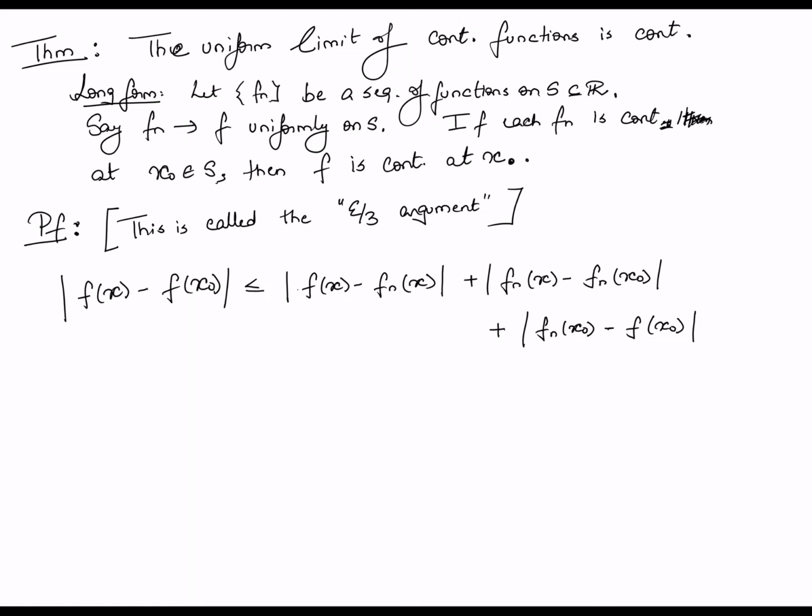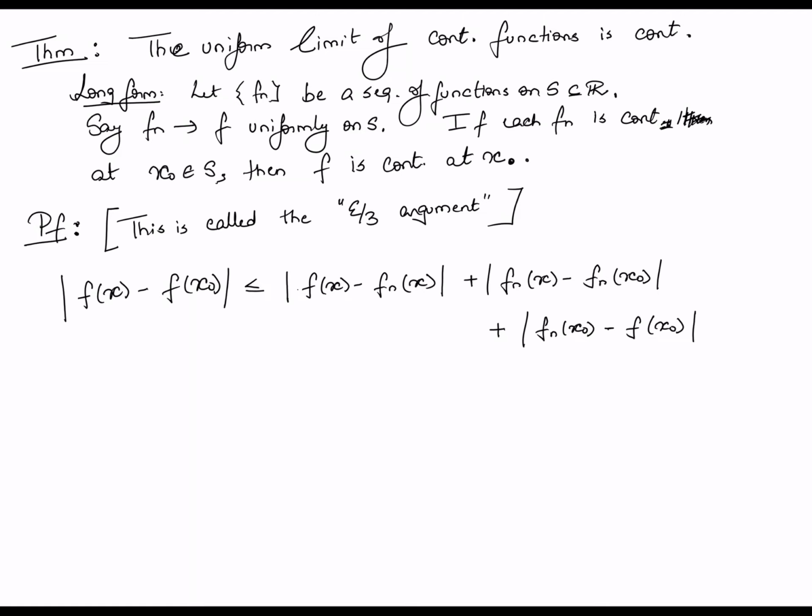You just have to add and subtract fn of x and fn of x naught and then use the triangle inequality. The point is that the left hand side does not depend on fn, it depends only on f, but we have broken it up into 3 pieces.